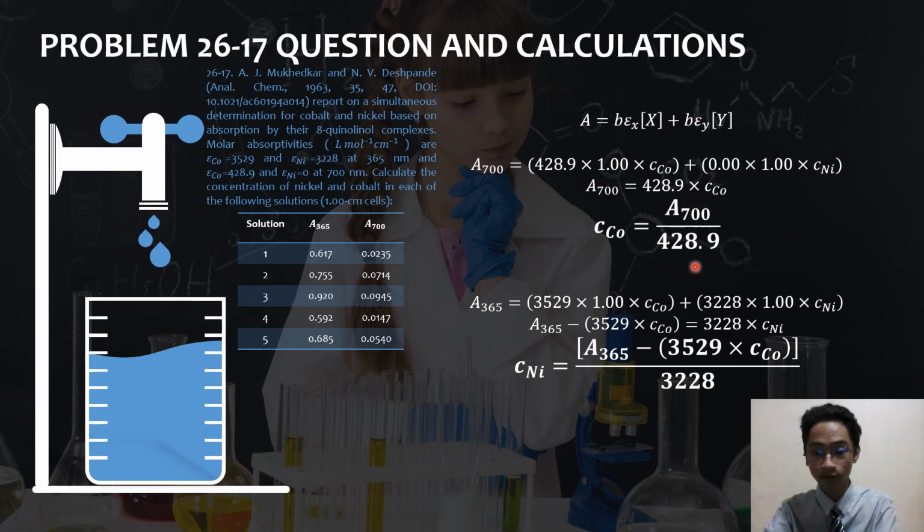And we get the formula for concentration of cobalt, which is equal to the absorbance at 700 nanometer over 428.9.